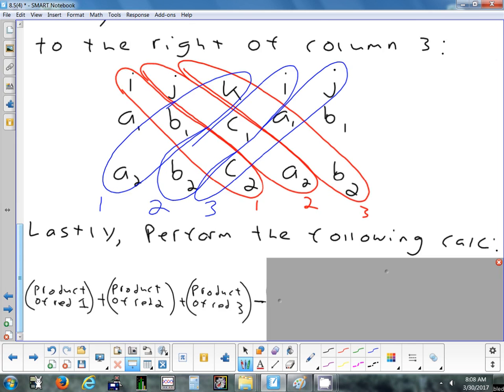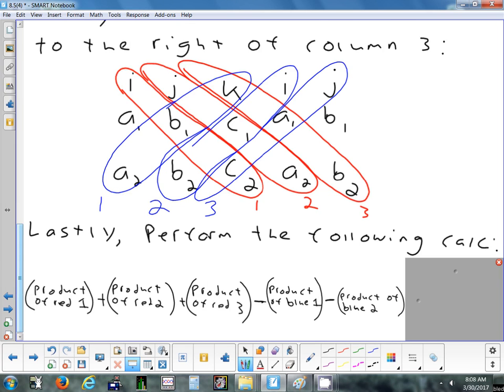The blue diagonals are similar, except you subtract them. So multiply everything that's on blue 1, and subtract it. Multiply everything that's on blue 2, and subtract it. And everything that's on blue 3, and subtract it. So it's not a hard calculation.